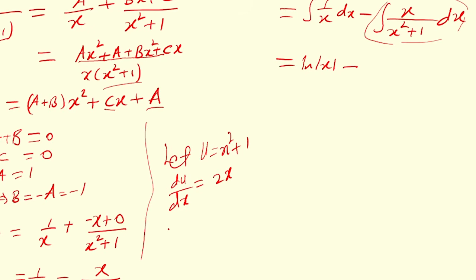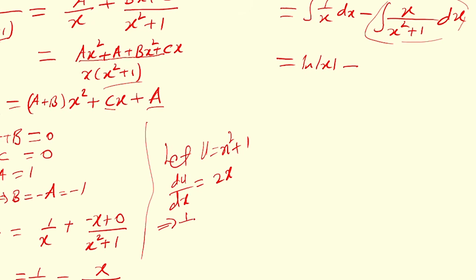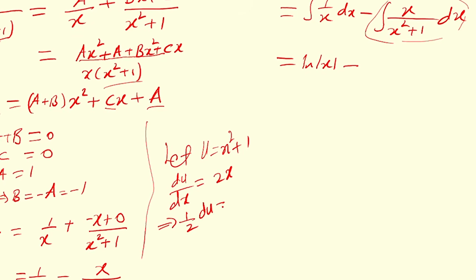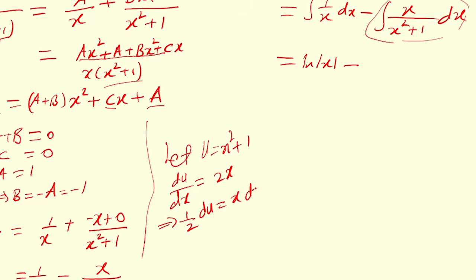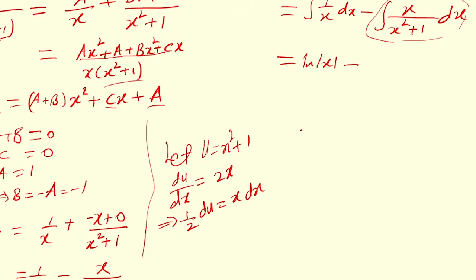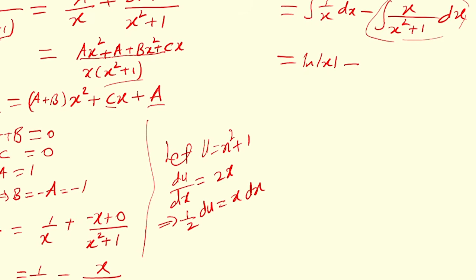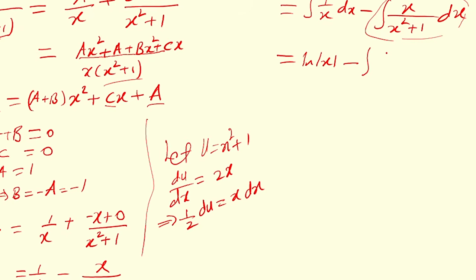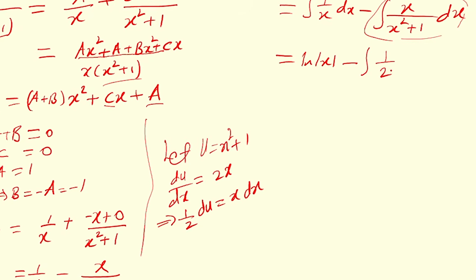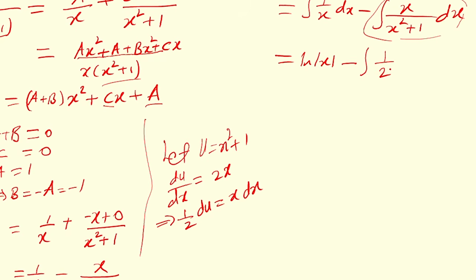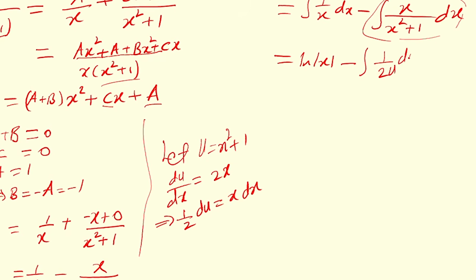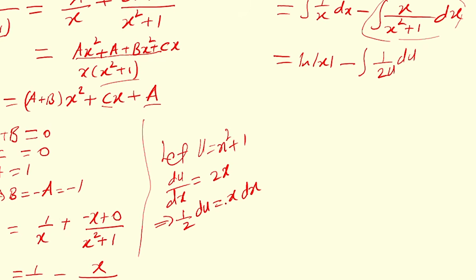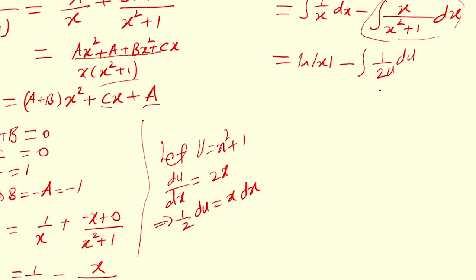So crisscross, and you obtain 1 over 2 du is equal to x dx. So x dx is 1 over 2 du. Therefore, this integral will be the integral of 1 over 2, and x squared plus 1 is u, so 1 over 2 u du.